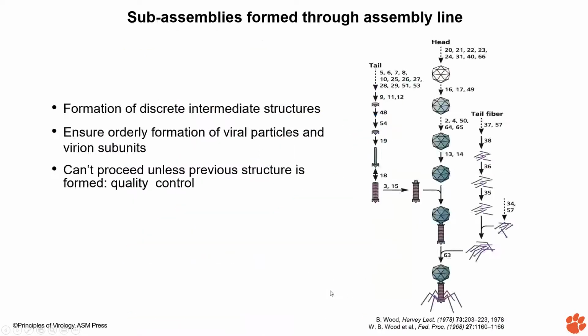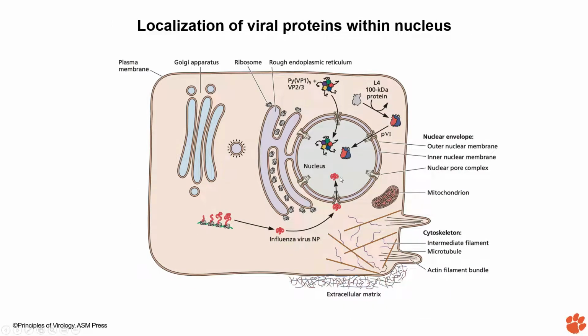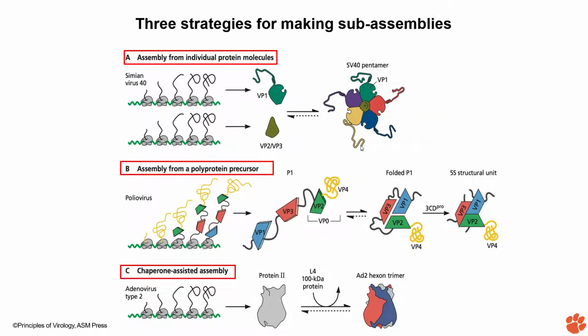So we have seen that before here. You can easily see the L4 100 kilodalton protein. Protein 2 forms the hexon trimer, and then it is imported. So you need to form these sub-assemblies, and there are three strategies for this process.